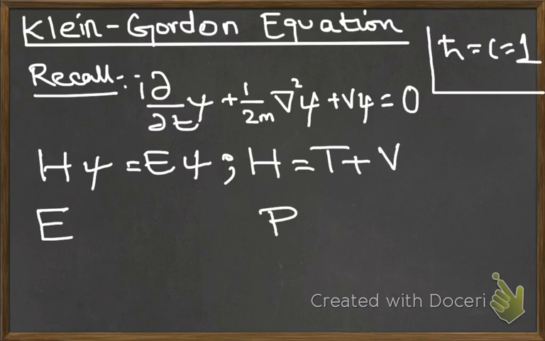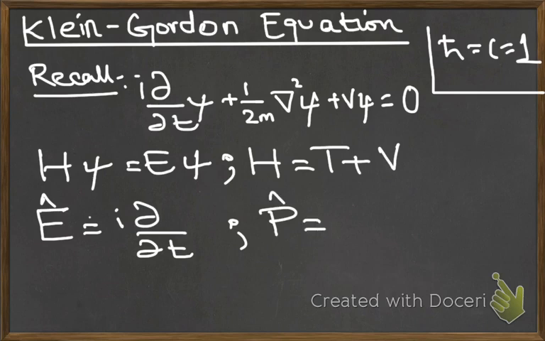So the energy operator is defined as i partial time derivative, and my momentum operator is represented as negative i gradient operator.